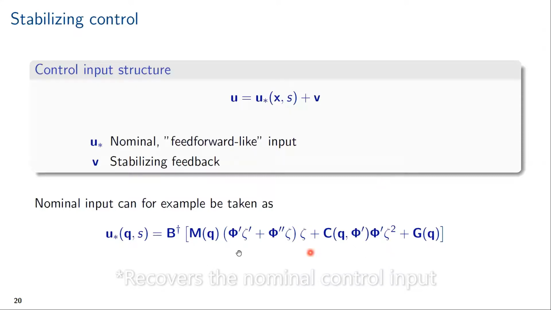For instance, one example is shown here, in which the function zeta recovers the nominal velocity of the motion generator and is a function of the motion generator itself. But the only requirement upon U asterisk is that it recovers or is equal to the nominal velocity when the system has converged to the nominal orbit. And then secondly, we have this feedback part V, which we'll use to design some orbitally stabilizing controller.